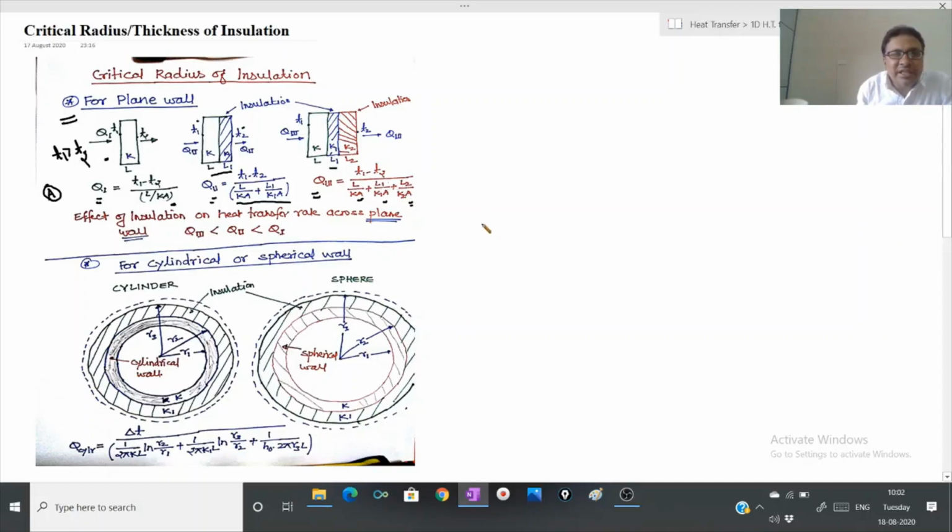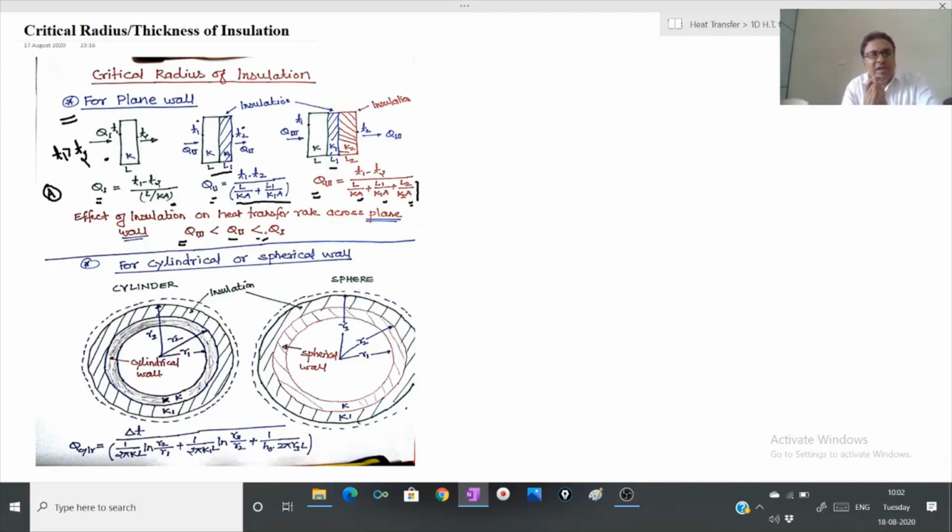Similarly, in case 3, by adding another layer of insulation, this L2 over K2A is getting added up to the denominator, and as a result of this, heat transfer rate in third case will be lesser than heat transfer rate in second case, than the heat transfer rate in first case. So I have summed up here. So let us try to conclude.